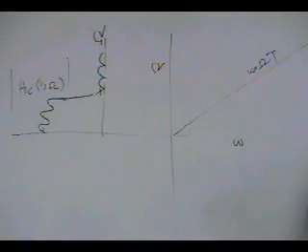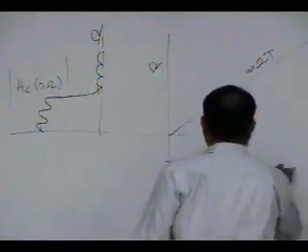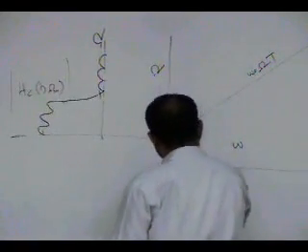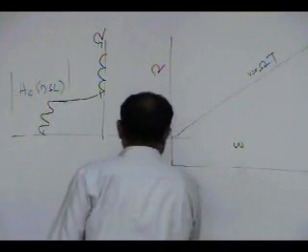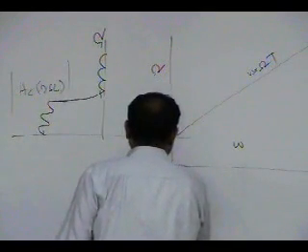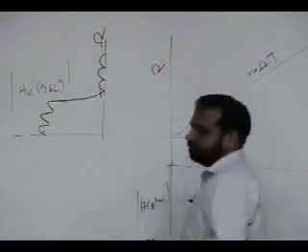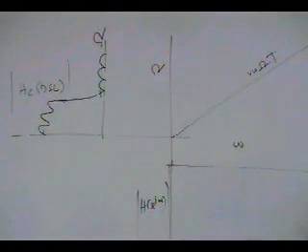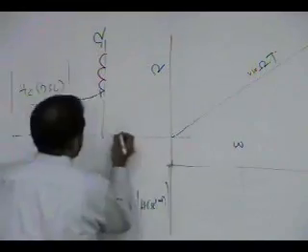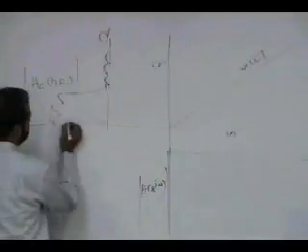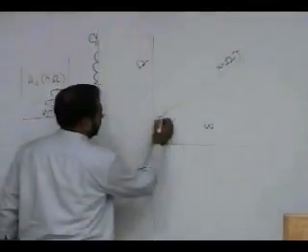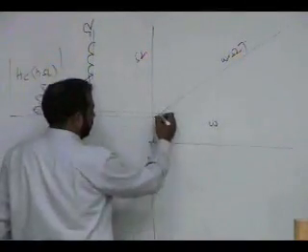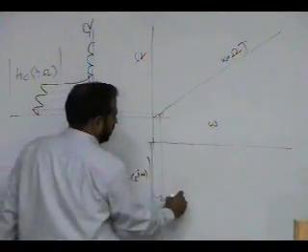Now here is the projection, which is small omega and H(e^{j omega}) magnitude. Now what you need to do is take a value of omega, read this value, go on this line, and drop this value down.